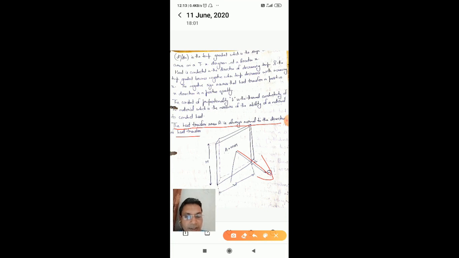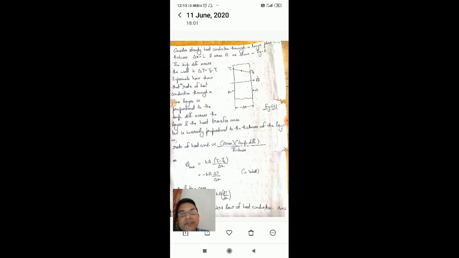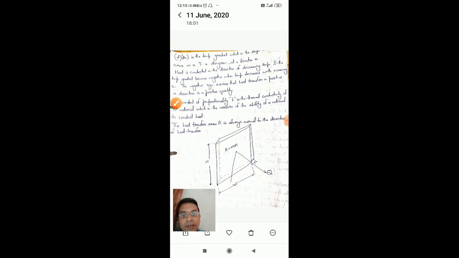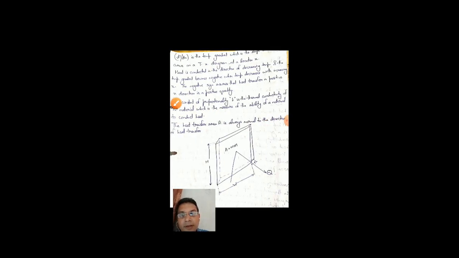If you go one page back, you must see that heat is transferred along this direction, perpendicular to the area, and this is written here also, that heat is transferred perpendicular to the area. So this was an important concept and you must write it down.